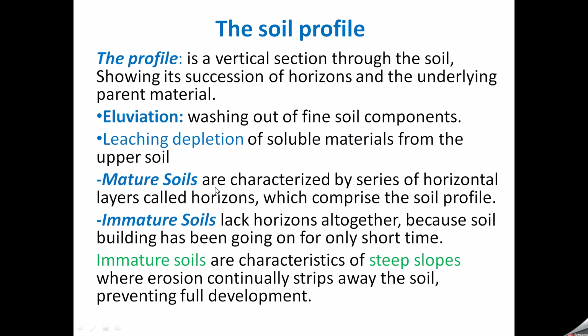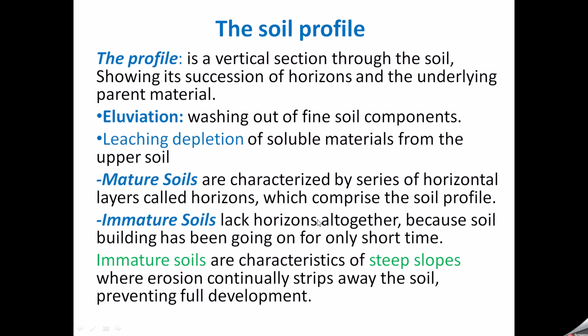Mature soil and immature soil. We have two types of soil. The mature soils are characterized by a series of horizontal layers called horizons, which comprise the soil profile. So the soil profile should have horizons to say it's a mature soil.